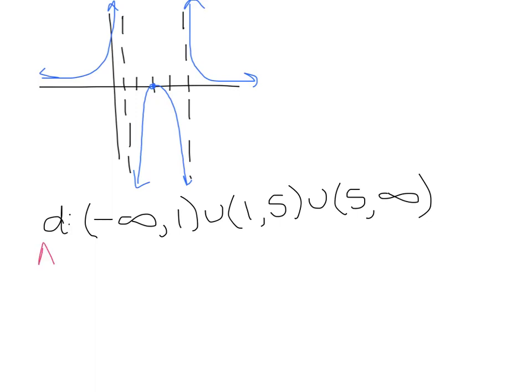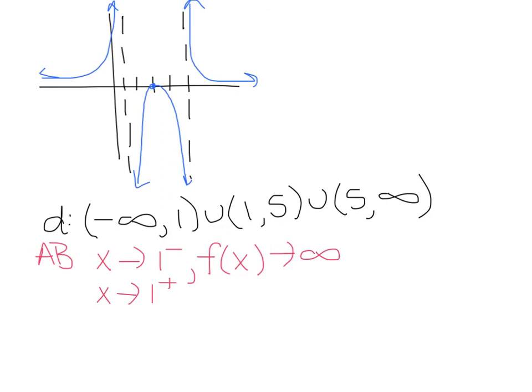Now the asymptotic behavior, there's two sets. So as x goes to 1 on the left side, on the left side of this 1, my graph is going to positive infinity. Then as x goes to 1 on the right side, your graph is going towards negative infinity.